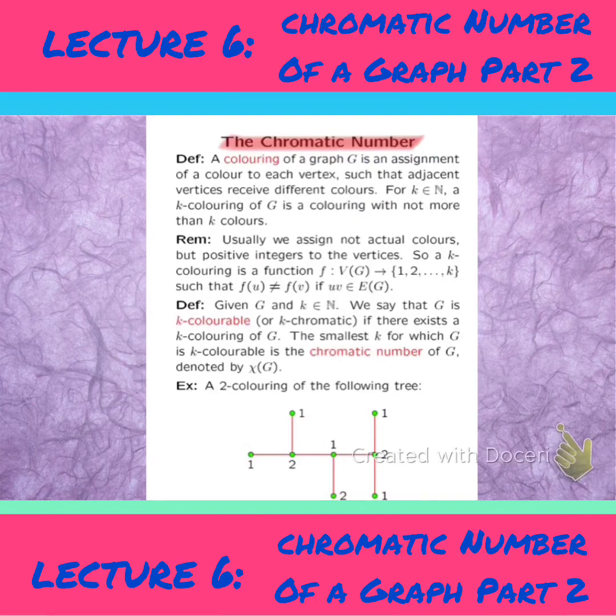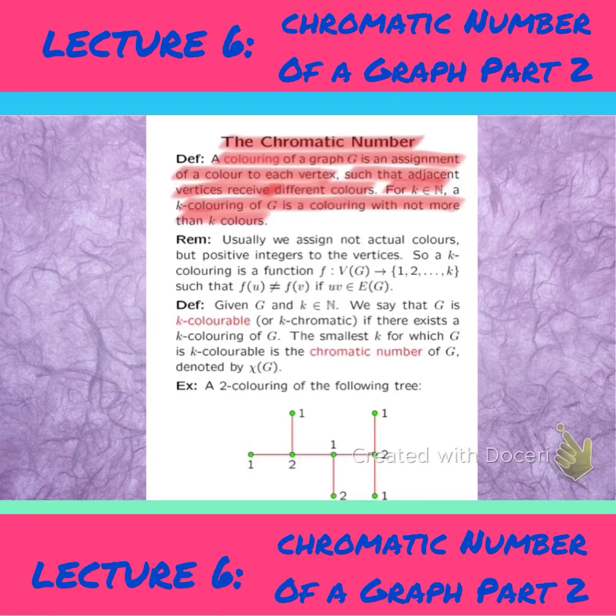A coloring of a graph G is an assignment of a color to each vertex such that adjacent vertices receive different colors. Now, for a natural number k, a k-coloring of G is a coloring with not more than k colors. You can see a coloring as a function from the vertex set of G where each vertex is mapped to a natural number from 1 up until k.